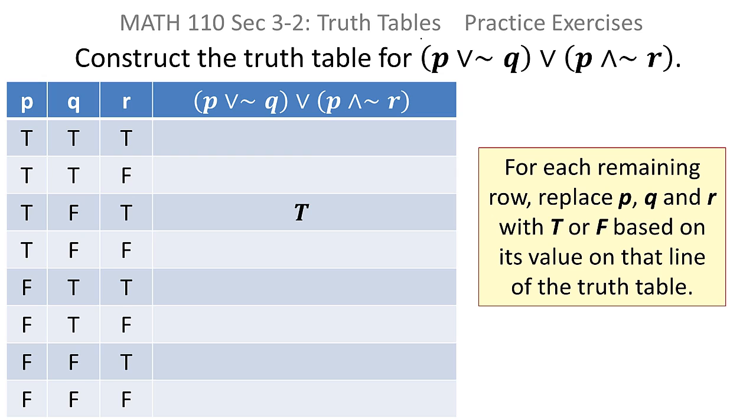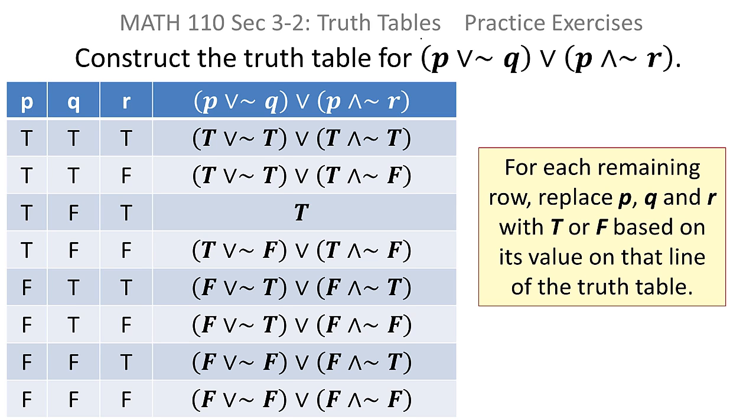But now I want to go 1 row at a time and replace the P, Q, and R's with the trues or falses based on what line of the truth table I'm on. I don't want to take too much time with this because it's just busy work, but all I'm doing here, for example, in row 1, is putting trues in everywhere. The P became true, the Q became true, the R became true. In the second row, P and Q are true, but R is false.